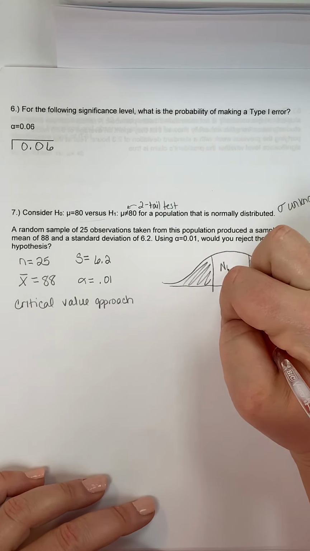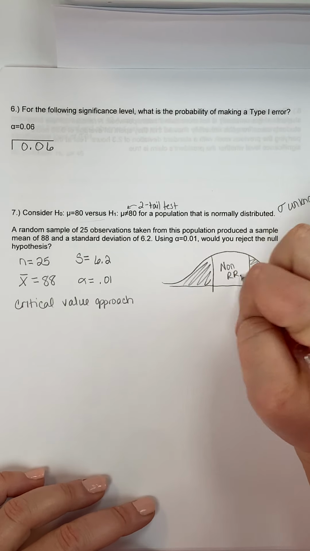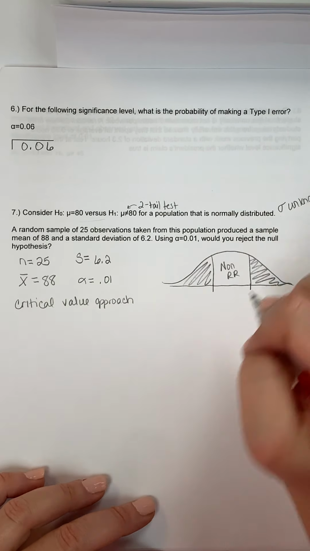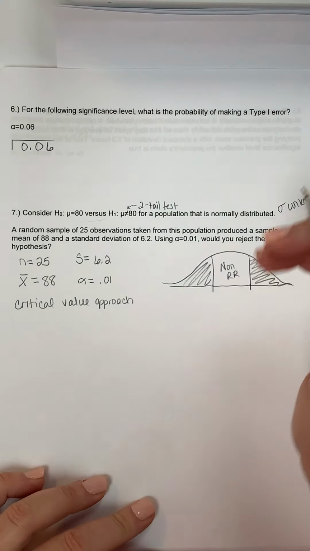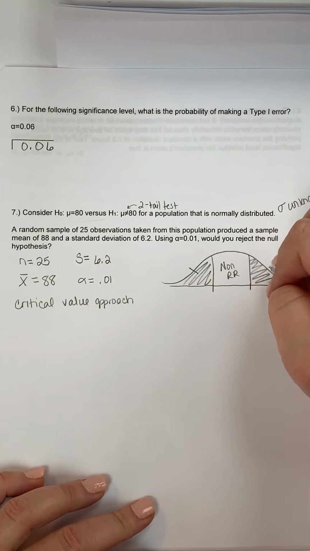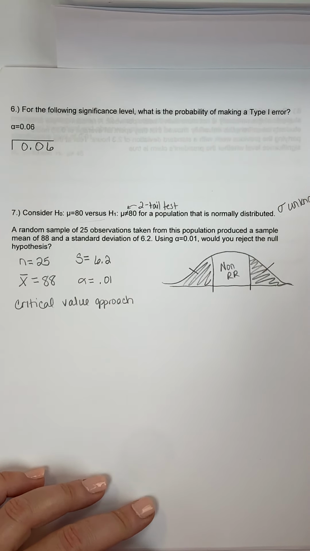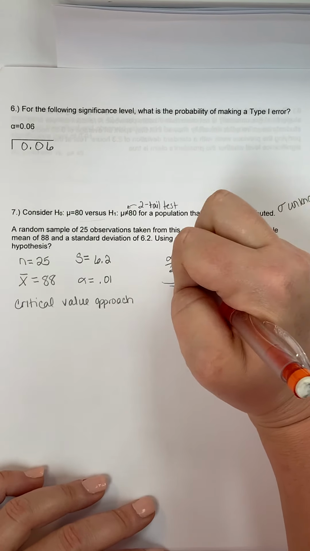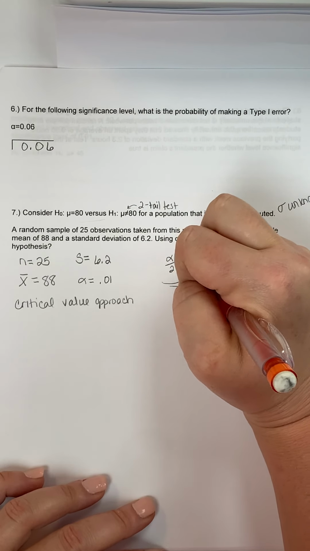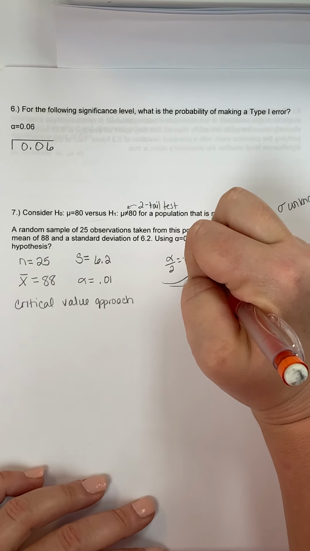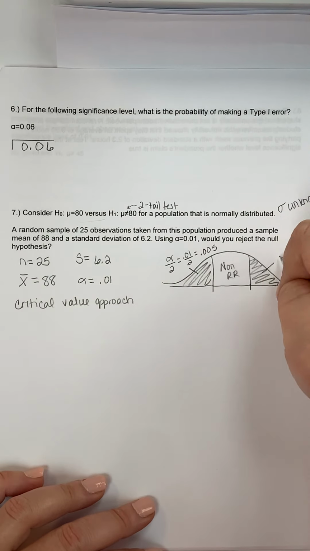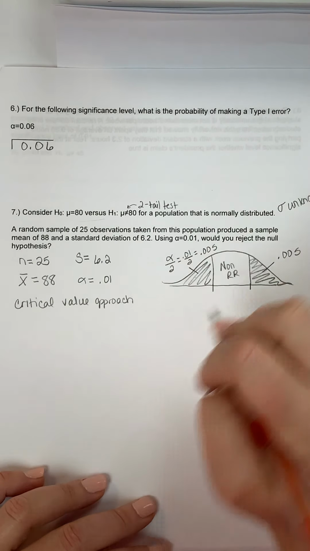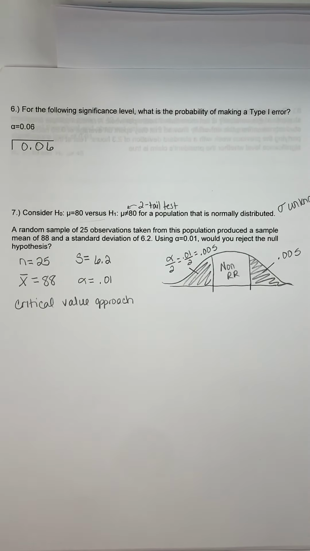This is going to be my non-rejection region. These are my rejection regions. I also know that these are my alphas when added together. So if I take alpha divided by 2, since I have 2 of them, I'm looking at an area here of 0.005.